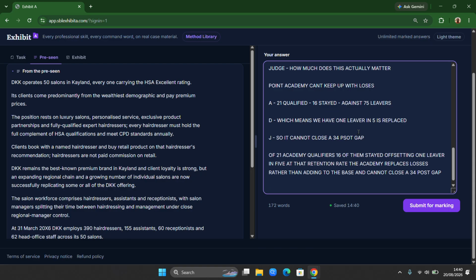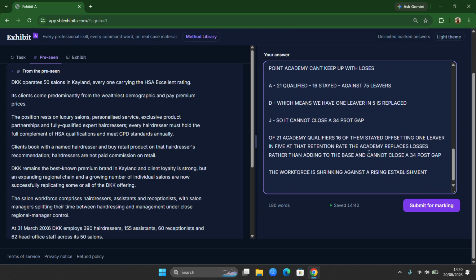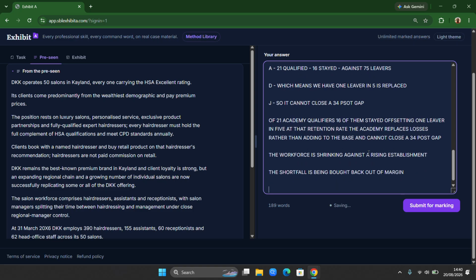So in terms of my plan, I'm going to have the workforce is shrinking against rising establishment, which is essentially going to be my first point. Then the shortfall is being brought back out of margin.